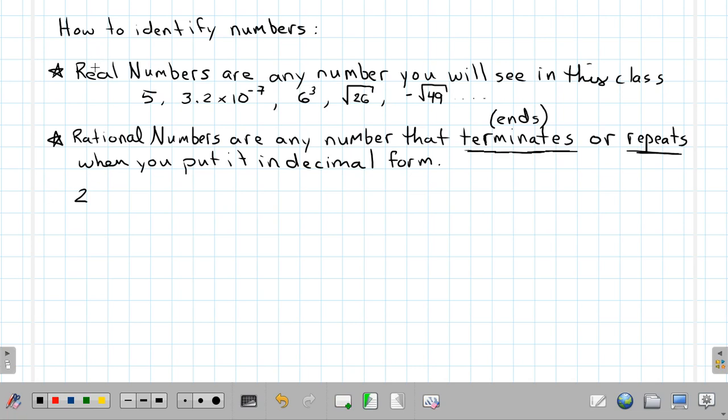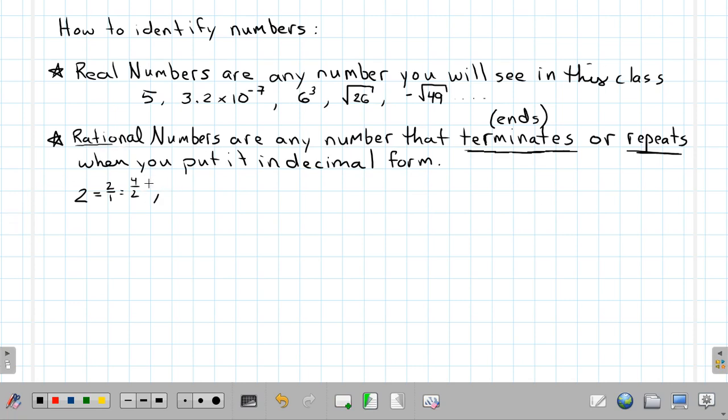And just so everybody's clear, the reason this is a rational number is we can write it as a fraction as 2 over 1, or 4 over 2, or 6 over 3, or 8 over 4, or 18 over 9, or once again, there's a lot of different ways to write the number 2 as a fraction, okay? But this indicates to you that it is, in fact, a rational number, okay?